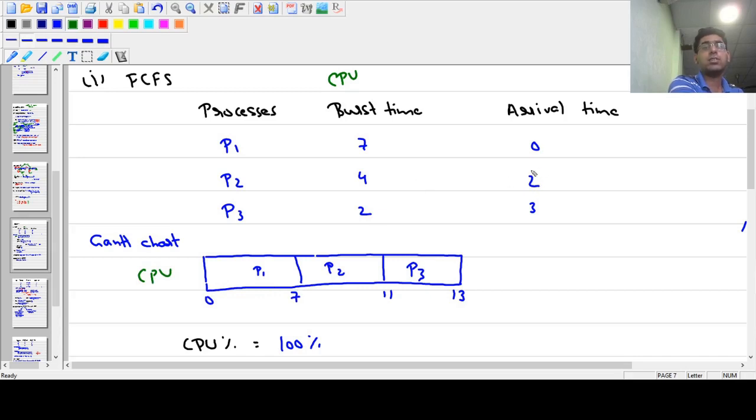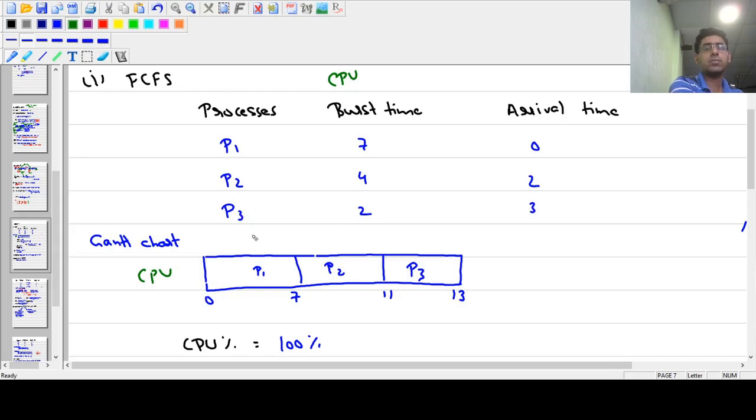Till that time, process P2 has come into the ready queue at time 2 milliseconds, and process P3 at 3 milliseconds.